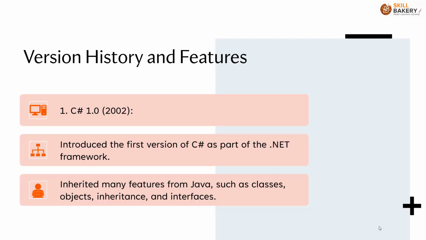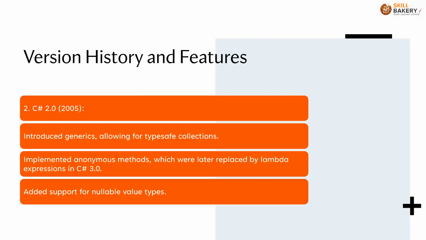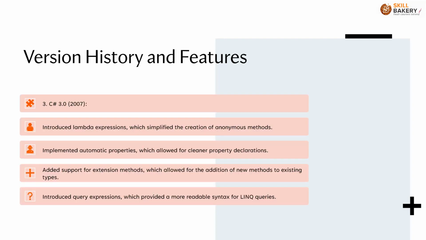C# 1.0 was the first version of C# as part of the .NET Framework. It inherited many features from Java such as classes, objects, inheritance and interfaces. Then 2.0 introduced generics, allowing for type-safe collections. It implemented anonymous methods, which were later replaced by lambda expressions in C# 3.0. It also added support for nullable value types.